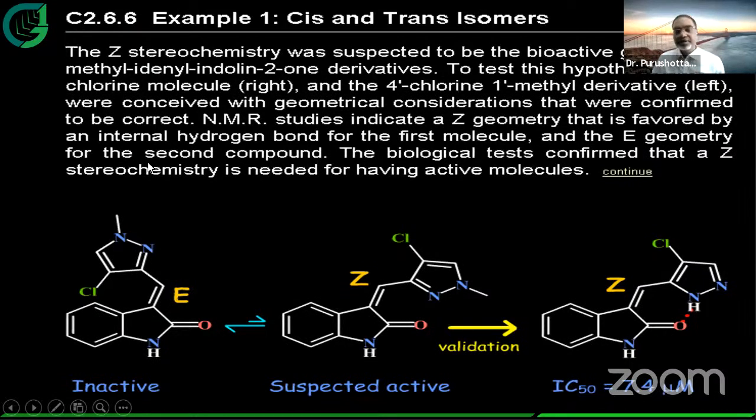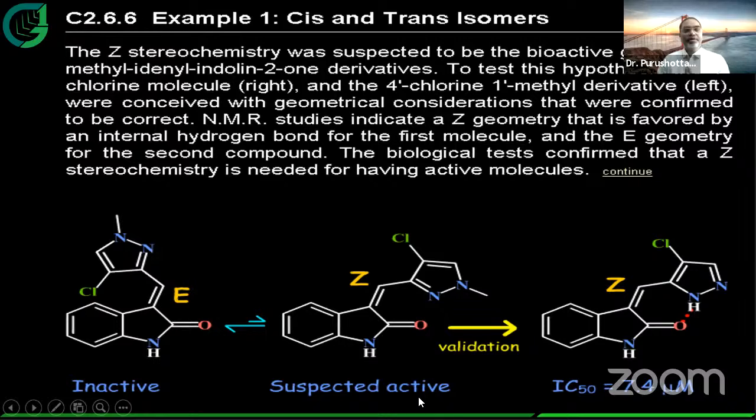And the validation of the molecule came when scientists tried to study both these compounds. One is the compound in the middle that has been titled as a suspected active compound.